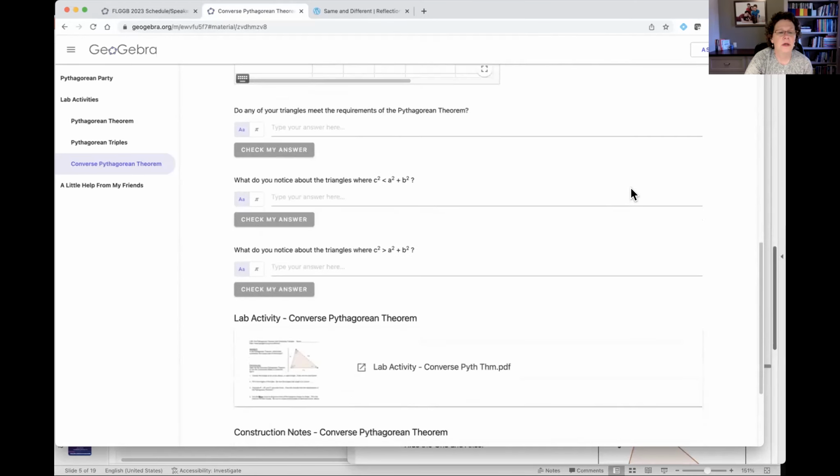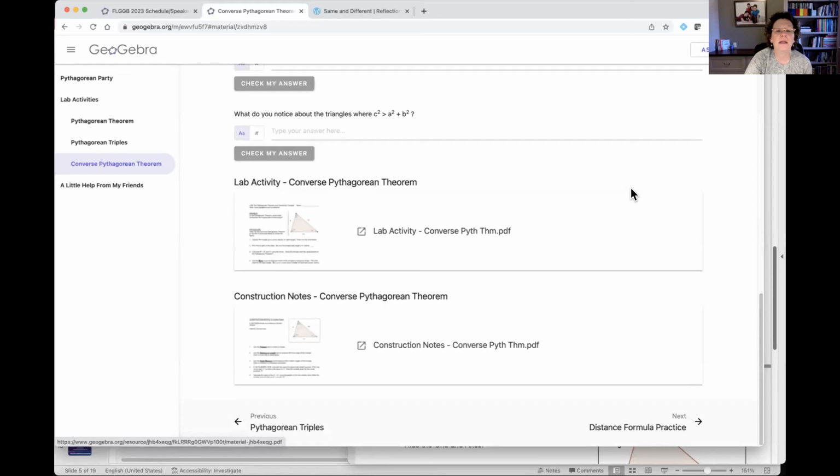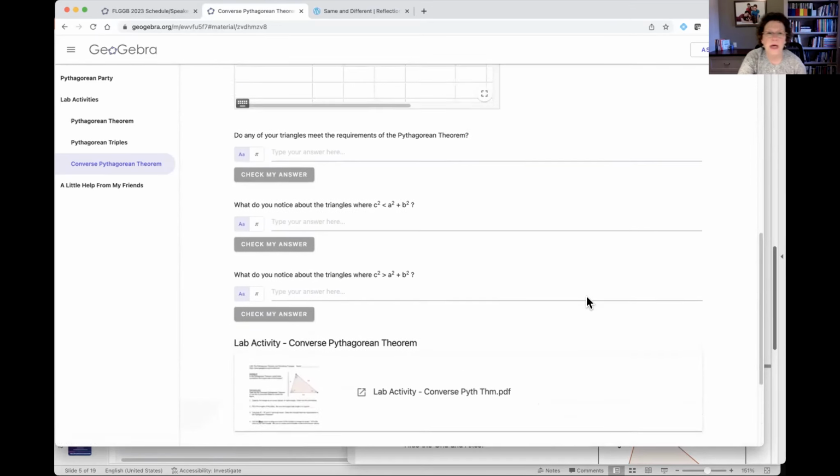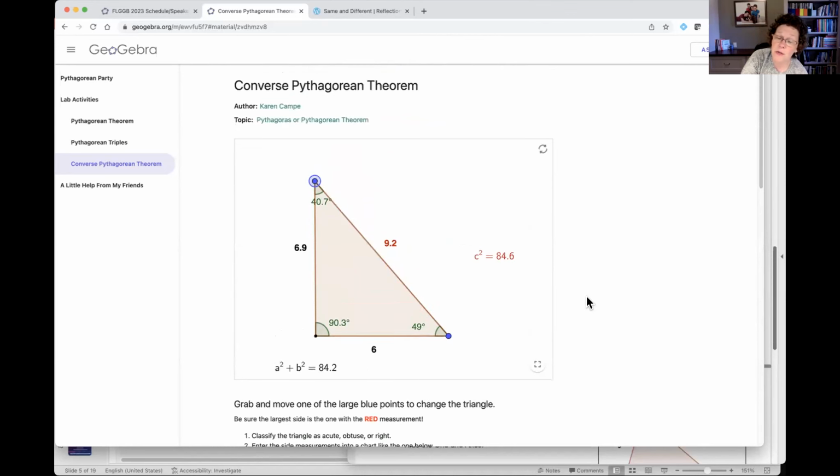Good. So again, the lab activity is attached, and the construction notes are attached. And what I can tell you is that if you decide to use these in your classroom, and I hope that you will, please consider adapting it and editing it for your own use. If the PDF lab activity doesn't meet your needs, let me know, contact me, and I will happily send you a Word document so you can update it and edit it.